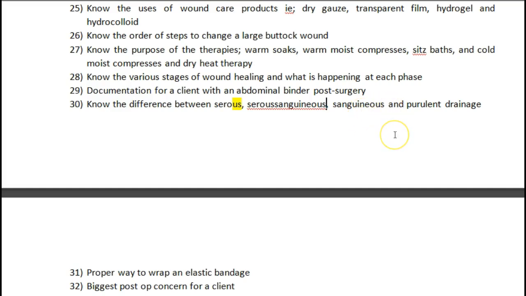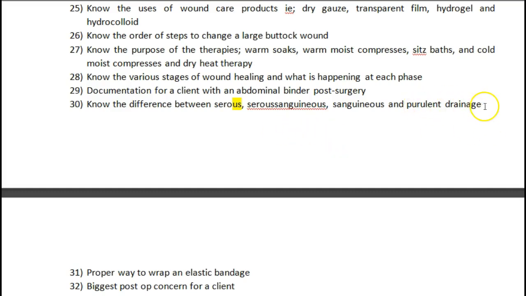Sanguineous is bloody, fresh blood. So you have the serous, which is clear, watery, plasma-like. Serosanguineous might have a little blood streak in there, but it's mostly pale and watery.